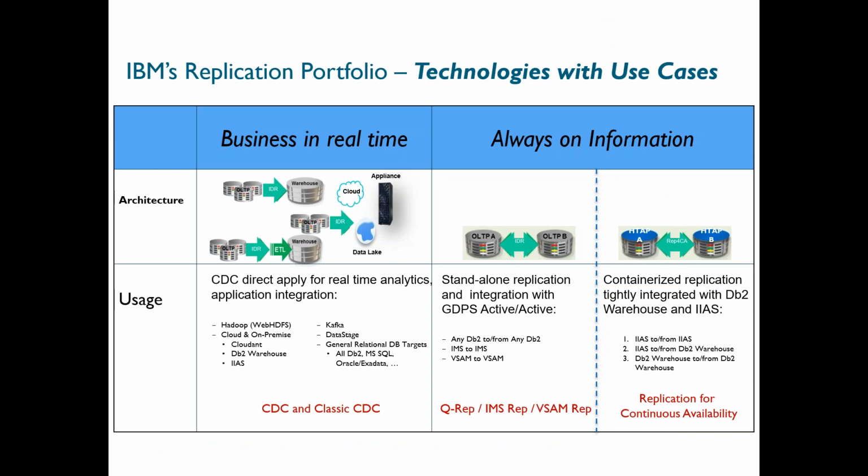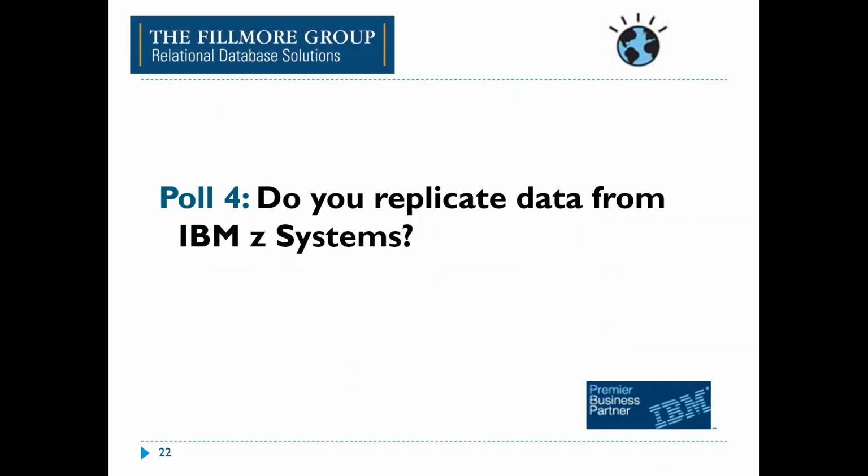I don't want to spend too much time on this because I'm hoping that most of you have gotten the message. So key features. So poll number 4 is IBM Z Systems. And back in the Gartner report, this is something that IBM excelled at, not surprisingly, because of the tight affinity that IBM has with their own data repositories, VSAM, IMS, and DB2 for z/OS.